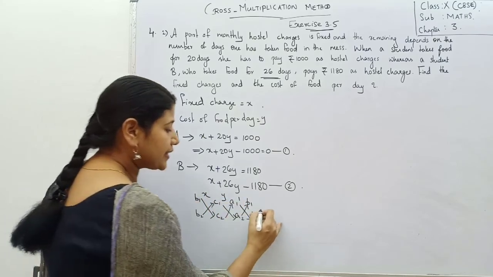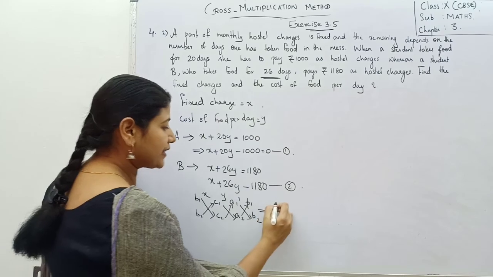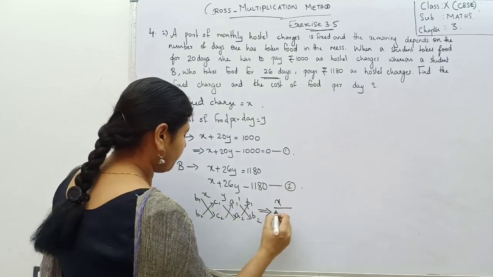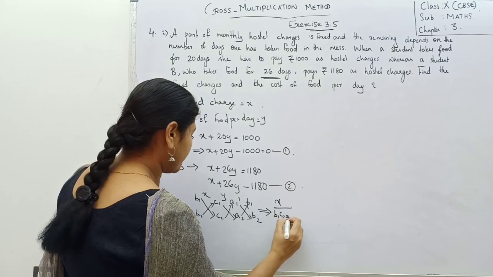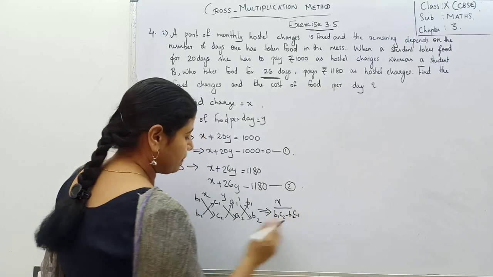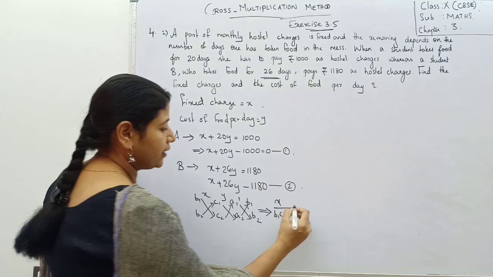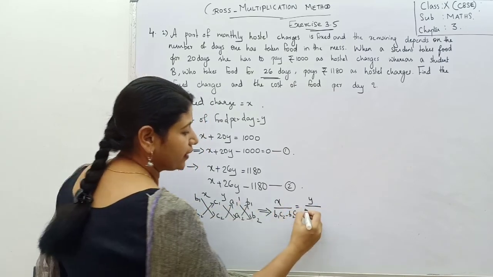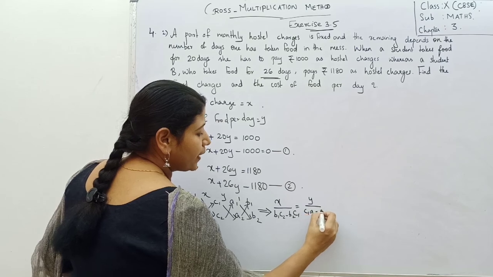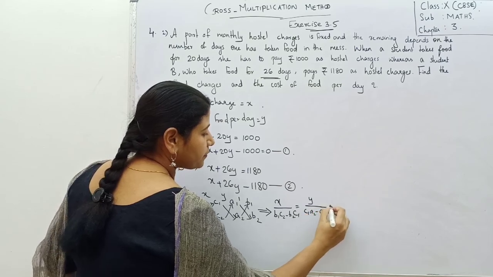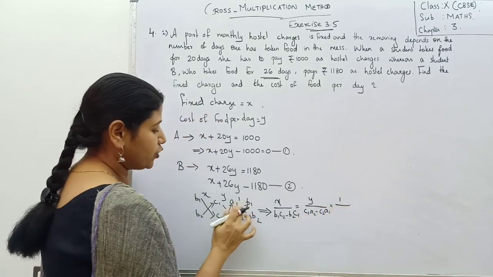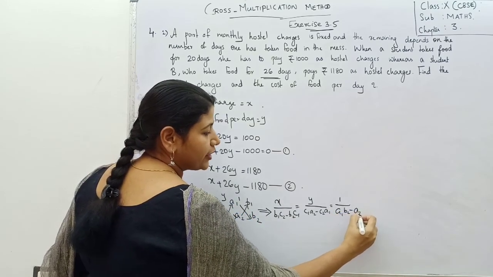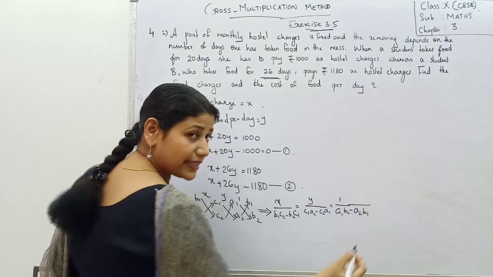This can be written in the form x by b1 c2 minus b2 c1 equal to y by c1 a2 minus c2 a1 equal to 1 by a1 b2 minus a2 b1. This we have already studied.